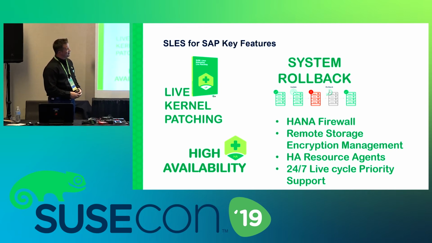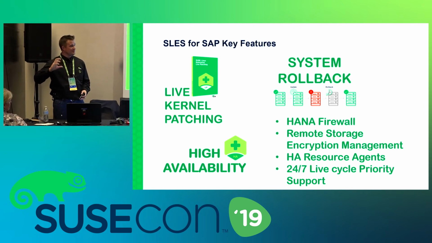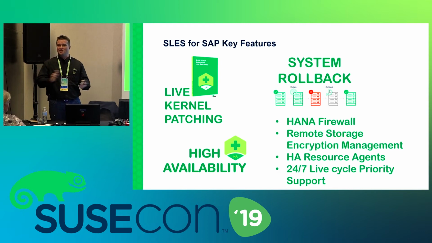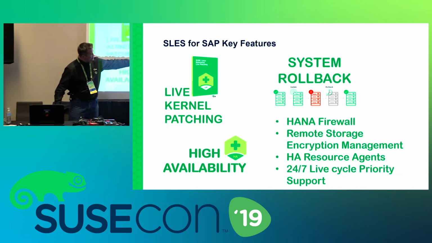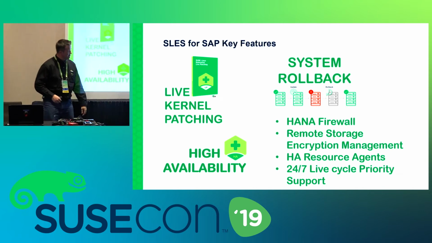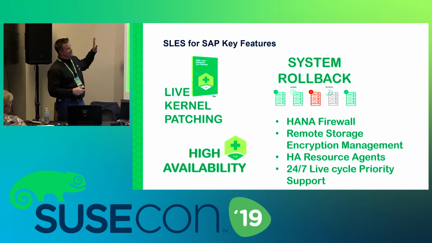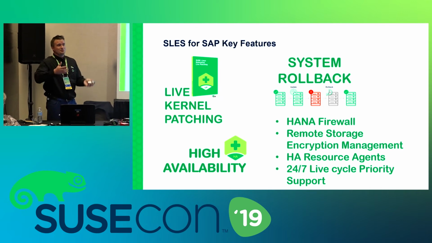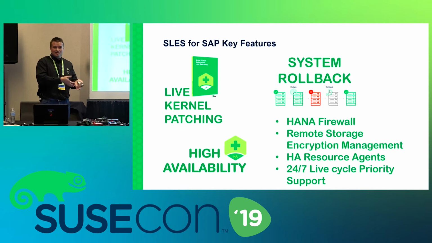System rollback, things like Btrfs, helps us ensure that, similar to a snapshot methodology, every time I change configurations, I can roll back these configurations as well. We've got remote storage encryption, which I use with cryptctl. I'm not going to talk about this just now, but these are standard features that you get with SLES for SAP. So as soon as you purchased HANA, your vendor would have installed it on SLES for SAP. Your license will entitle you to have all of these features.